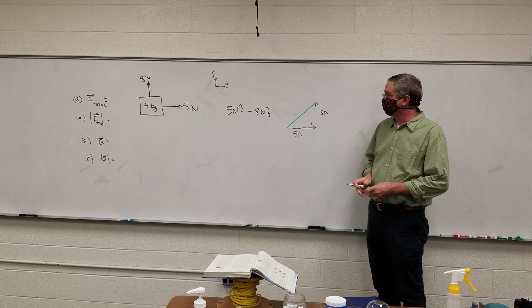It's 9.4. So the vector in polar form is 9.4 newtons in whatever direction that is, and you can use trig to figure it out. But the question is only asking for the magnitude, in other words, that number right there. So this would be 9.4 newtons.